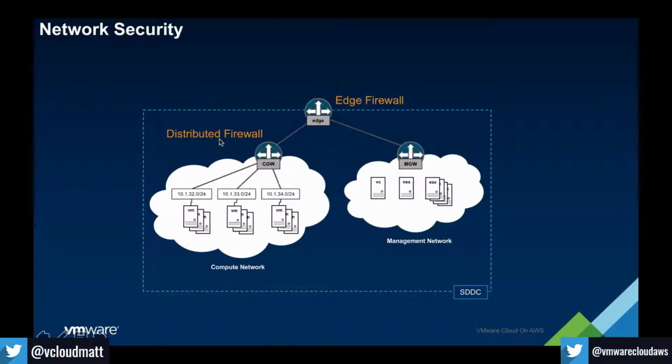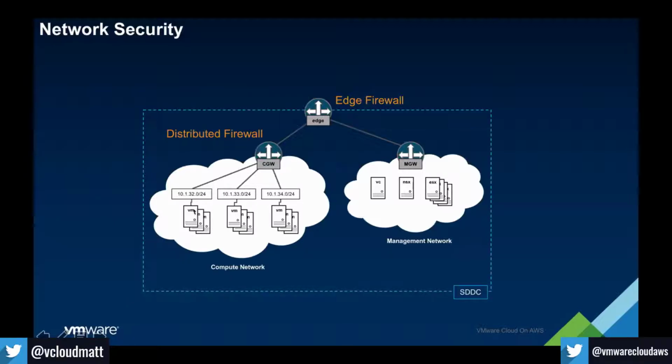So distributed firewall in the NSX-T world is restricted. You're basically restricted to only being able to configure rules that apply to the compute network. So in other words, previously we could only define firewall rules north-south. With distributed firewall, I have the ability to define firewall rules to restrict communications east-west within the compute network.